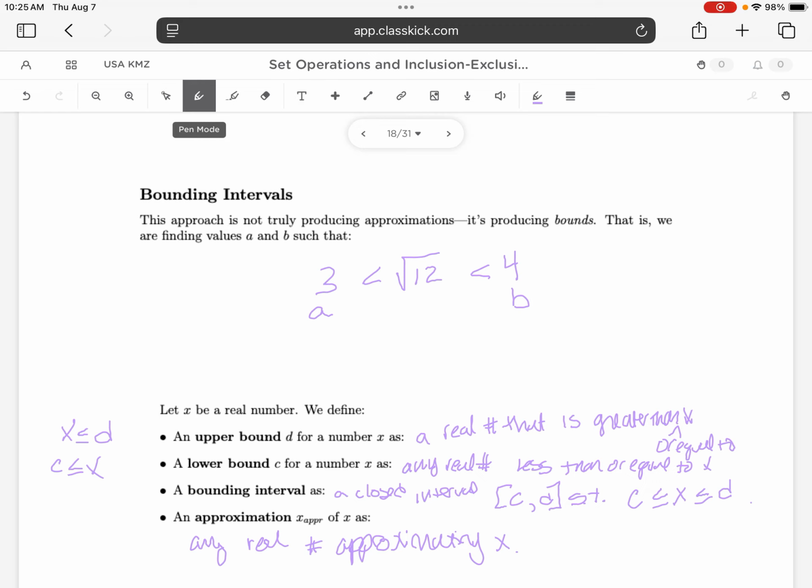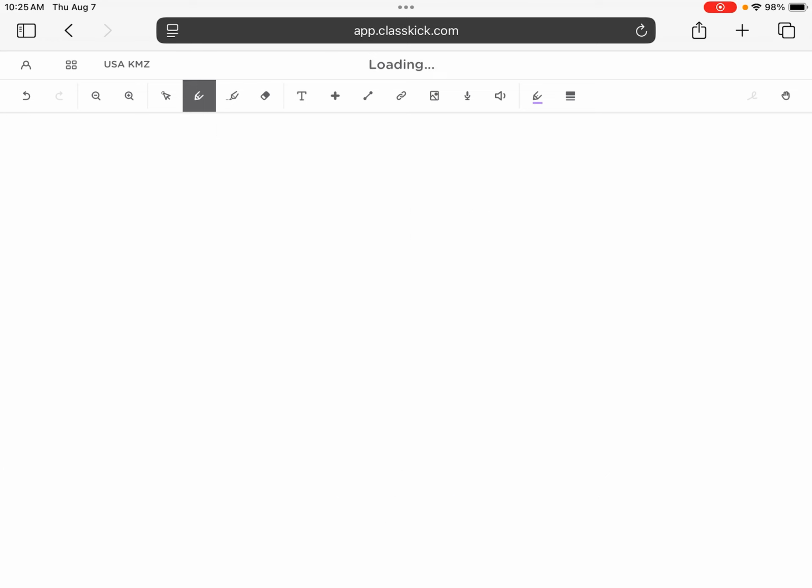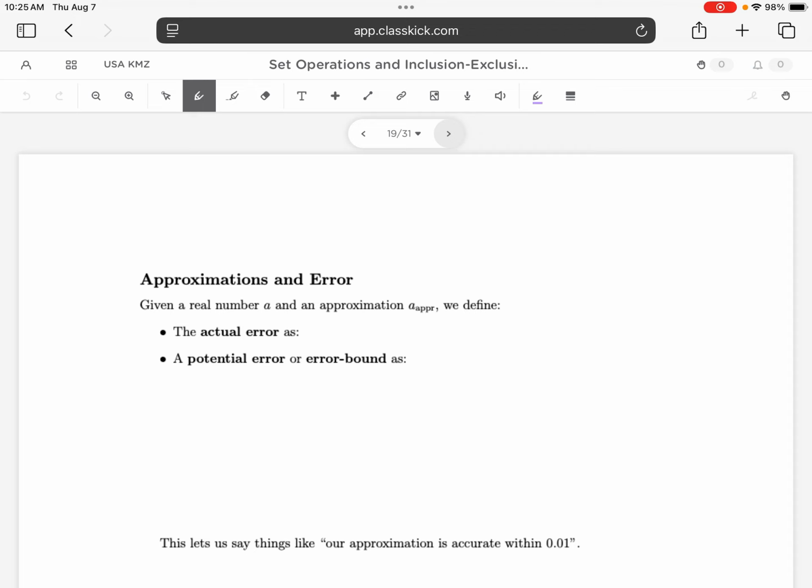You might have a poor approximation. So any real number that you're using to approximate x is what we're calling our approximation. But it's helpful for us to describe how good of an approximation it is using something called an error. So if we're given a real number a and some approximation a sub approx, the actual error is just how far off you are. So it's really just the absolute value of a, the real number, minus the approximation of a.